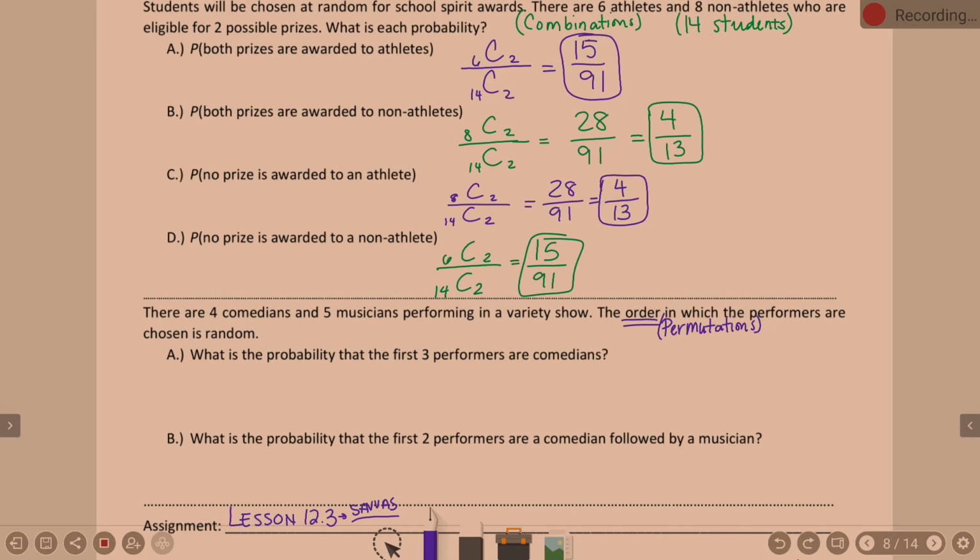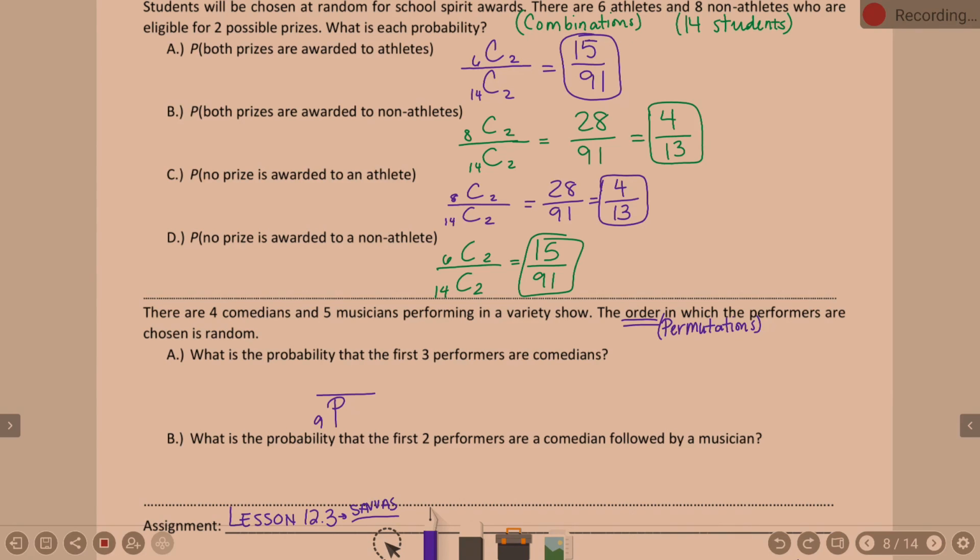So, denominator is everybody. What is everybody here? There's 9 people, yes? 9 people. On this example, how many are we picking? Or how many are we trying to order?